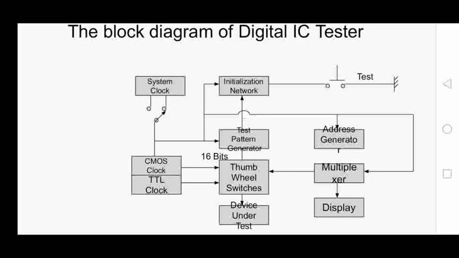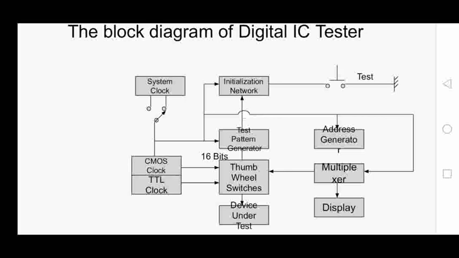What actually happens internally in the digital IC tester is that you will be having two types of clocks. We are calling the master clock the system clock. In the market we have either CMOS ICs or TTL ICs, so based on your application or requirement, you can buy either a CMOS IC or a TTL IC.